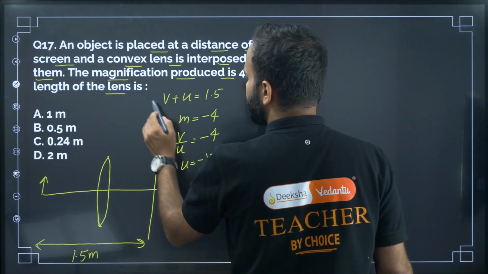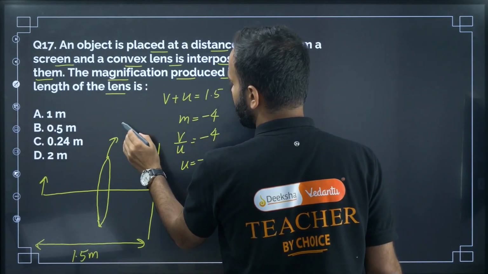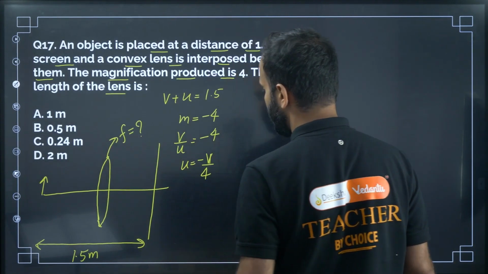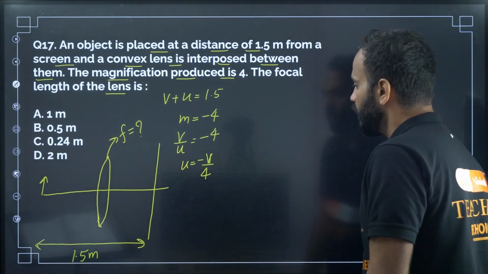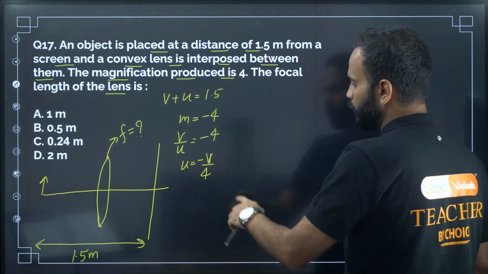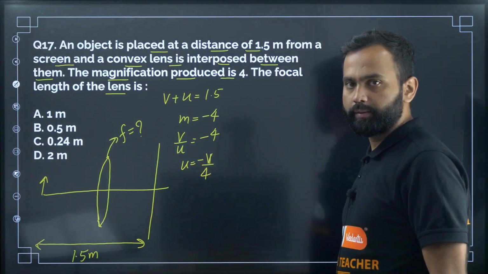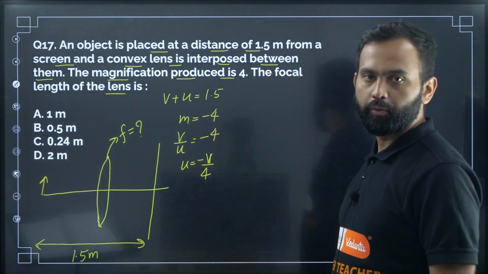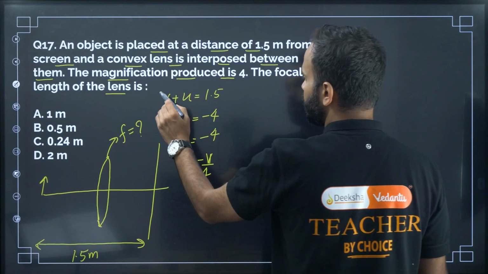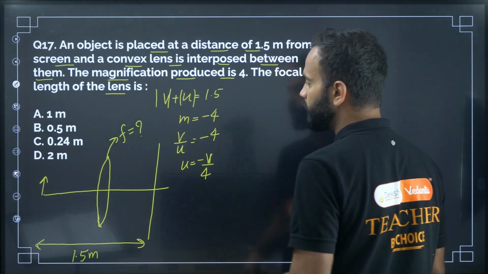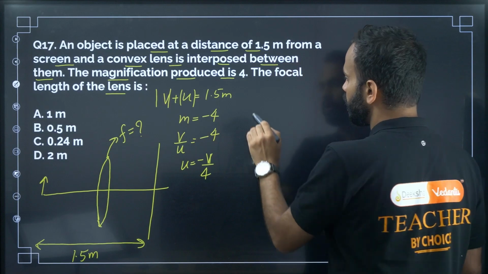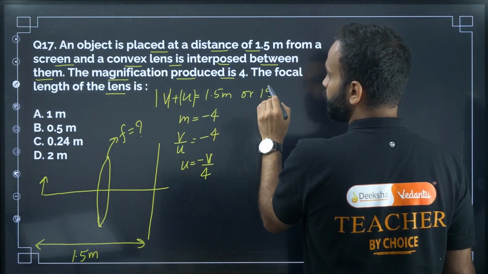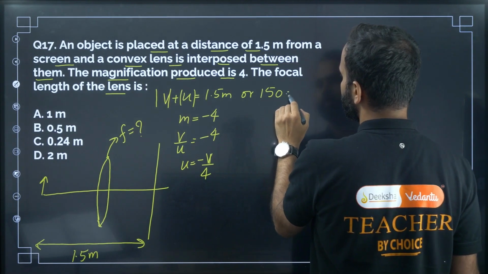We need to find the focal length of the lens. So let us find u and v, then apply the lens maker's formula. Since u equal to minus v by 4, and magnitude of v plus magnitude of u is equal to 1.5 meter, or 150 centimeter.